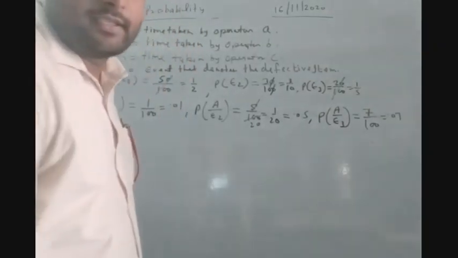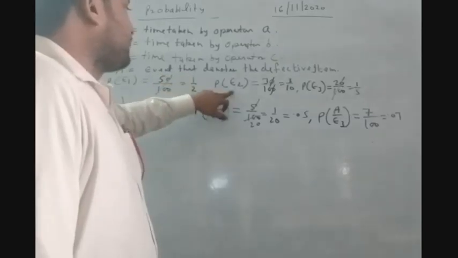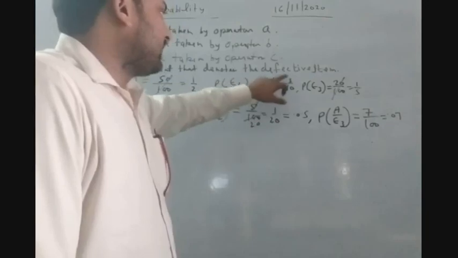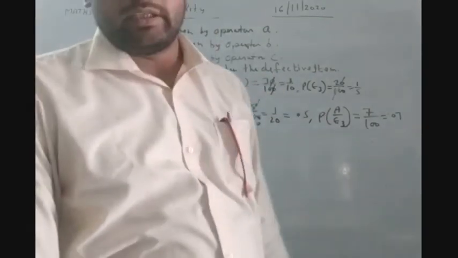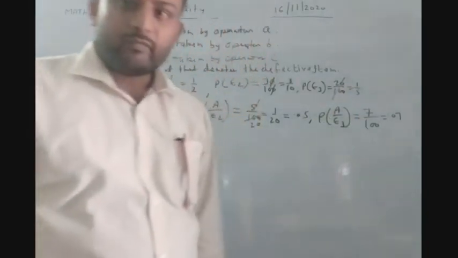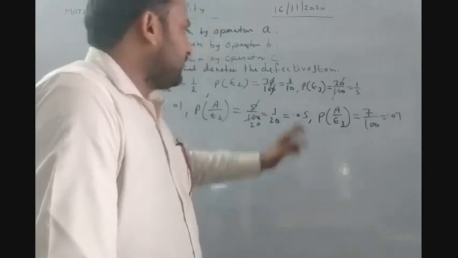Operator A is on the job 50% of the time, so 1 by 2. Operator B is on the job 30% of the time. Operator C is on the job 20% of the time. Okay, so these are what we are given.